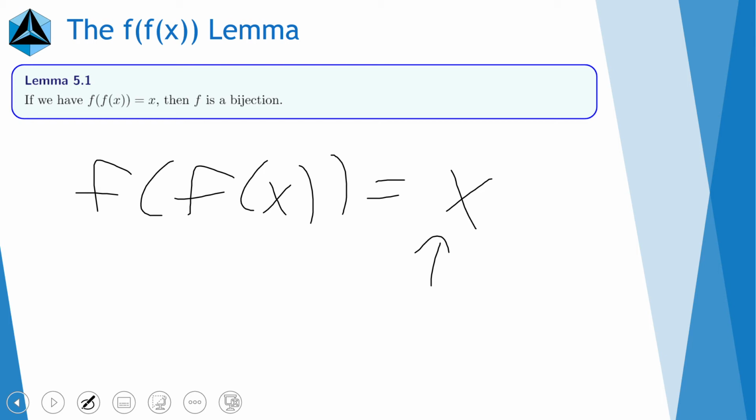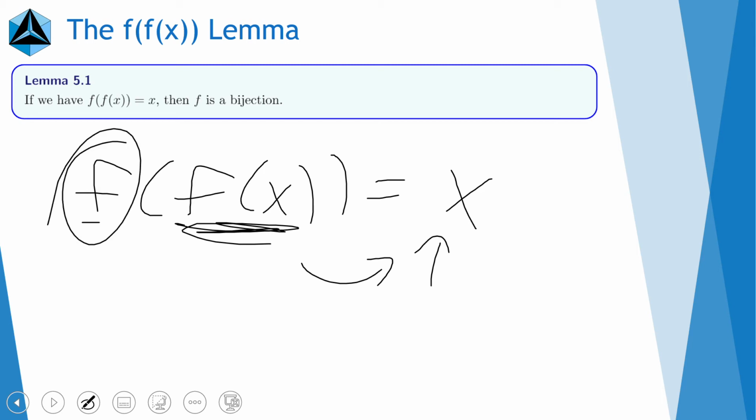That means that this f of something, which just happens to be another f of x, is going to have to equal that number, meaning that this function f is going to be able to reach all values. So f is surjective.